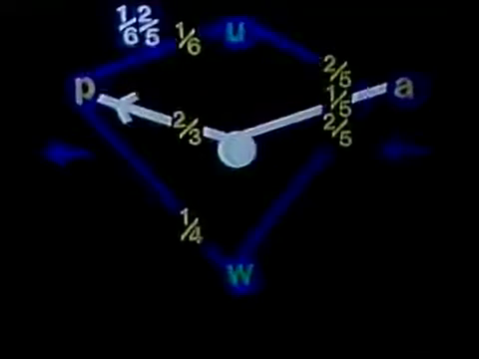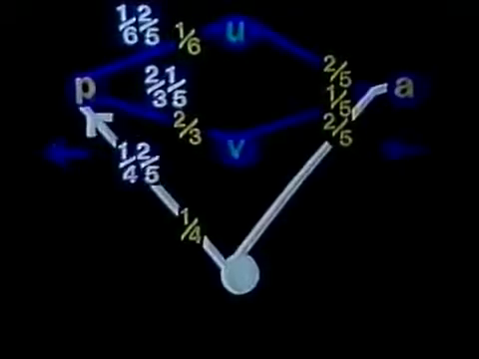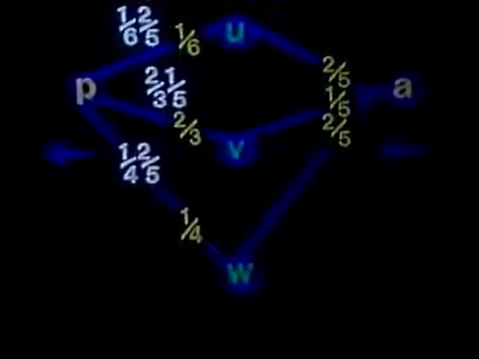Then along the second path, the proportion is 2/3 times 1/5. Similarly for the bottom path, the proportion is 1/4 times 2/5. So the total proportion of A flowing into P is the sum of these 3.